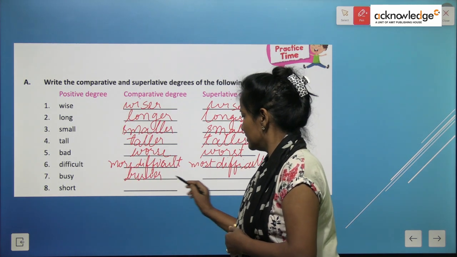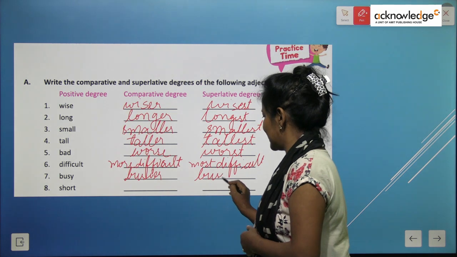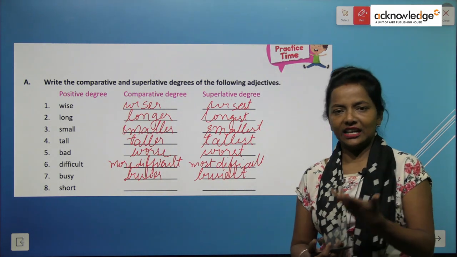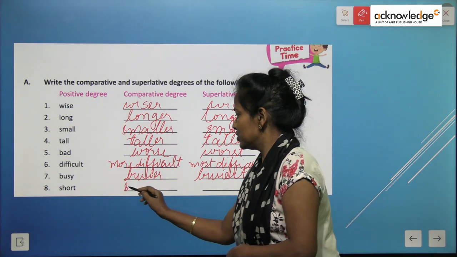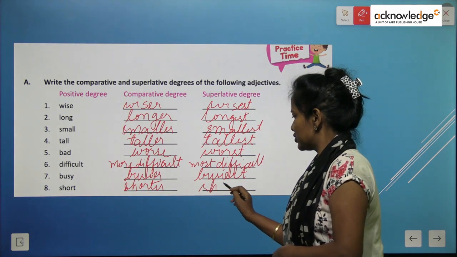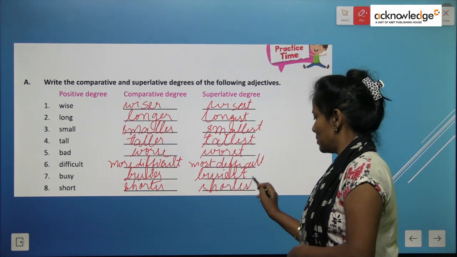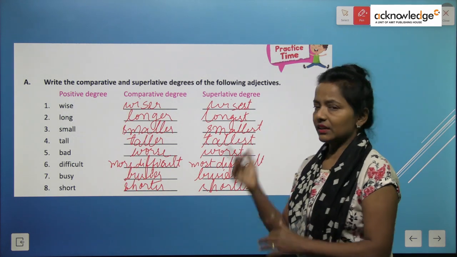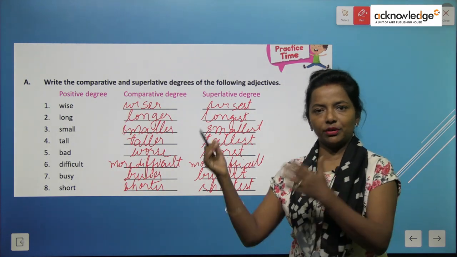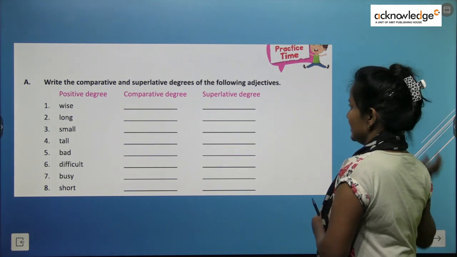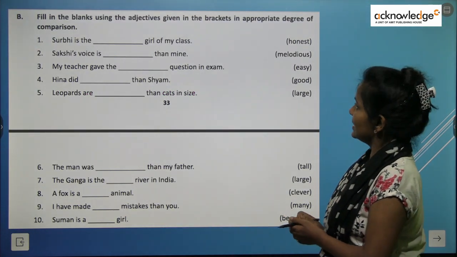B-U-S-I-E-R, busier and busiest. Short. Again, ER and EST. Short, shorter and shortest. So here we complete this exercise. Here we complete our three degrees of comparison: positive, comparative and superlative. Fine, children. I hope you have understood this.